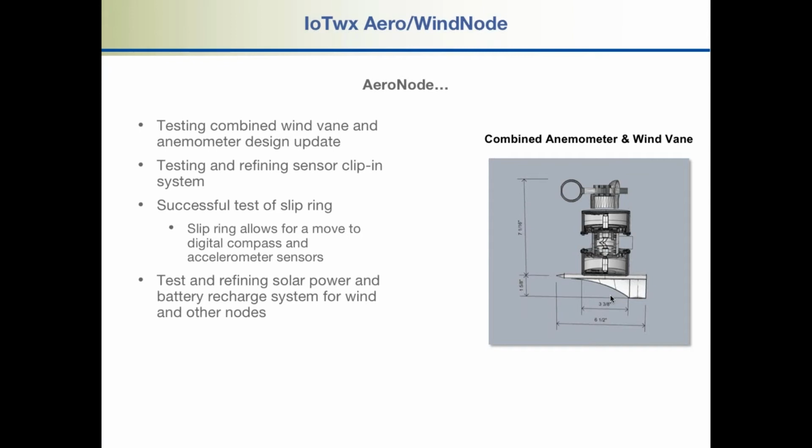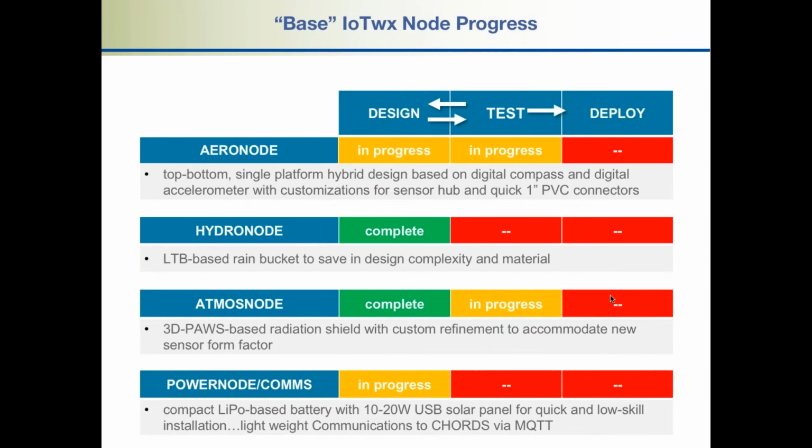What you'll see is that the air node is fairly far along, in that we've got the design done in terms of the wiring and the hubs inside of the platform, and we're also now testing the air node with the new microcontrollers inside of the radiation shield, and we're working on deployments, which I will be discussing in just a second here.